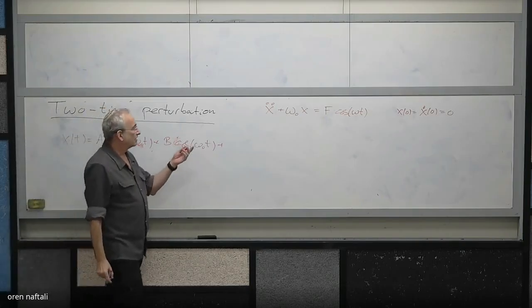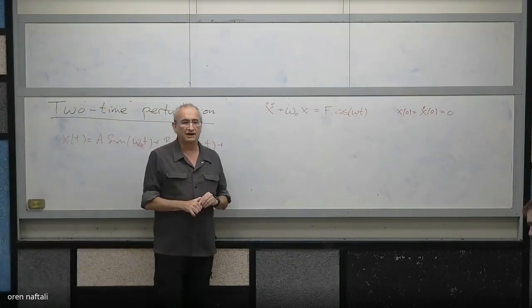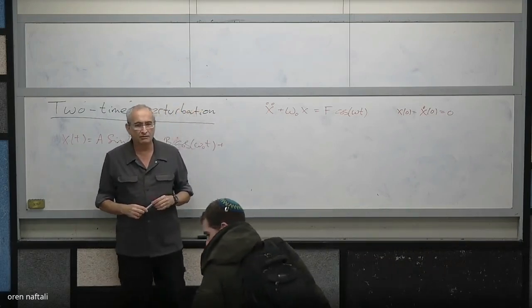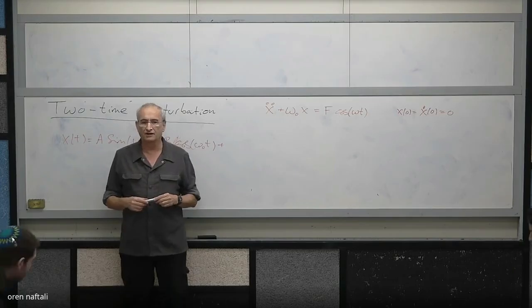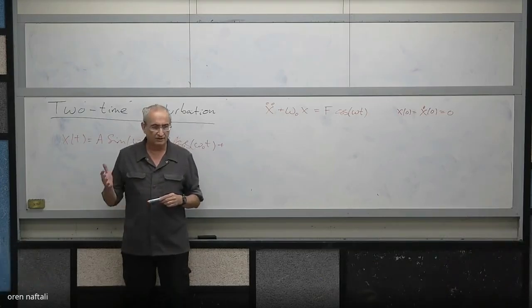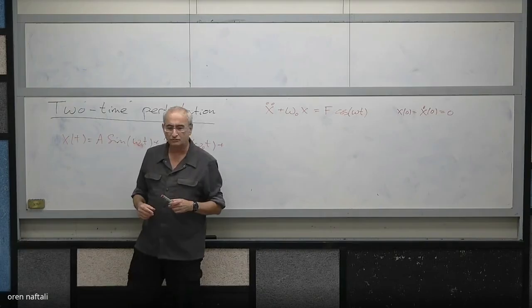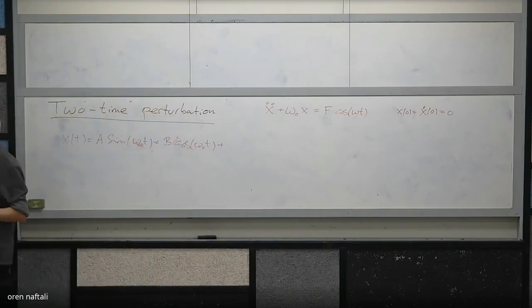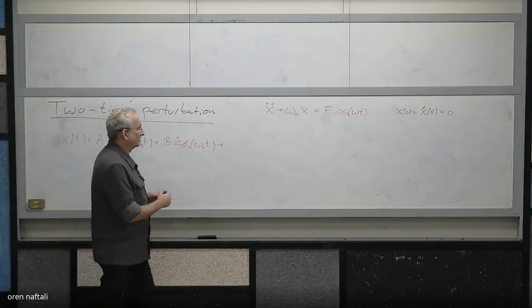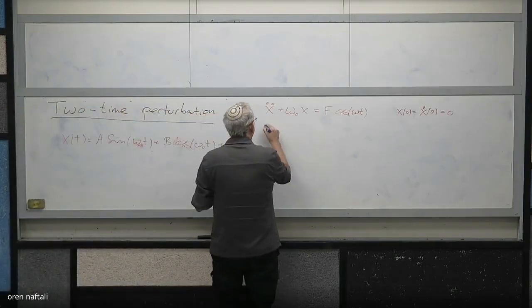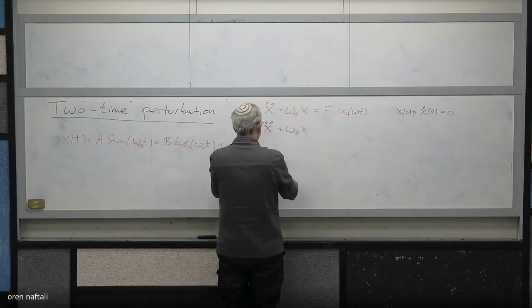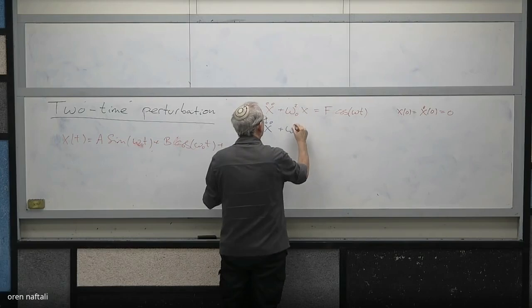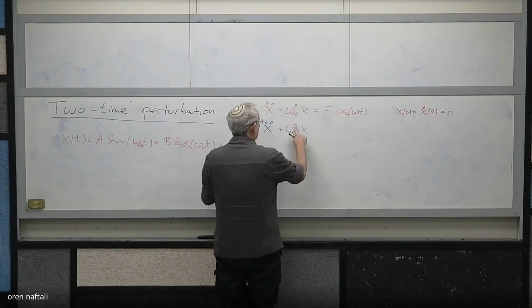Now, you can formally find the solution for the inhomogeneous part by using the technique of variation of parameters that we have mentioned, I guess, during this course. But for the moment, let's do that in the way we are doing it in undergraduate studies. So we are going to write x double dot plus omega naught squared x.